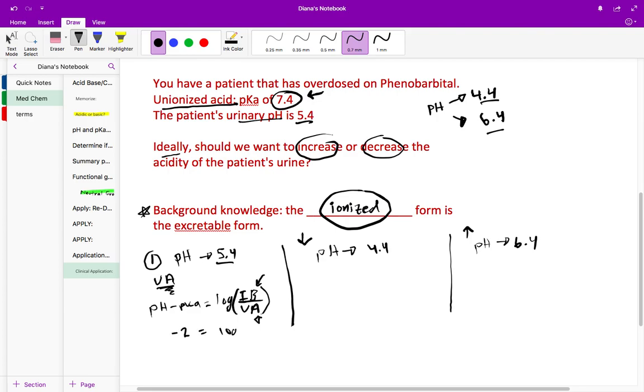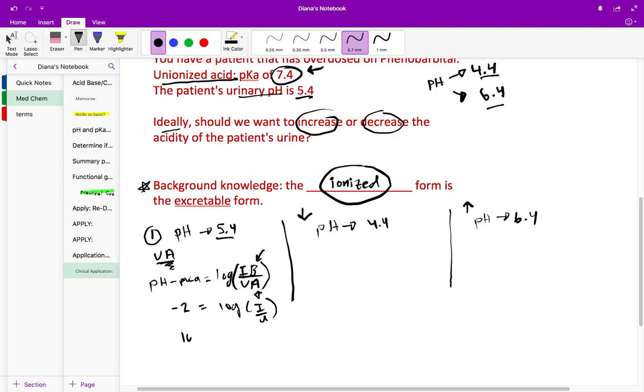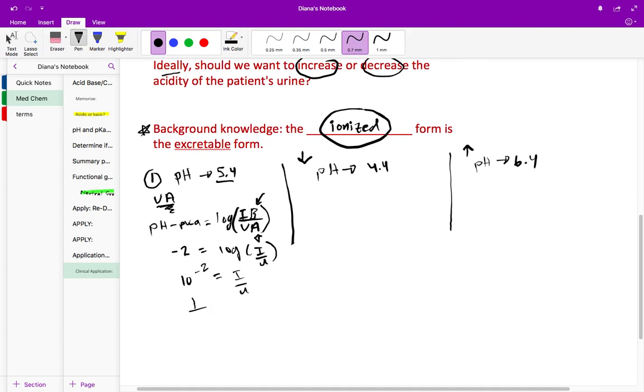And then we have log of ionized over unionized. And so I have 10 to the negative 2 equals ionized over unionized, 1 over 100. I rewrite that, ionized over unionized. So I have 1 ionized to 100 unionized.